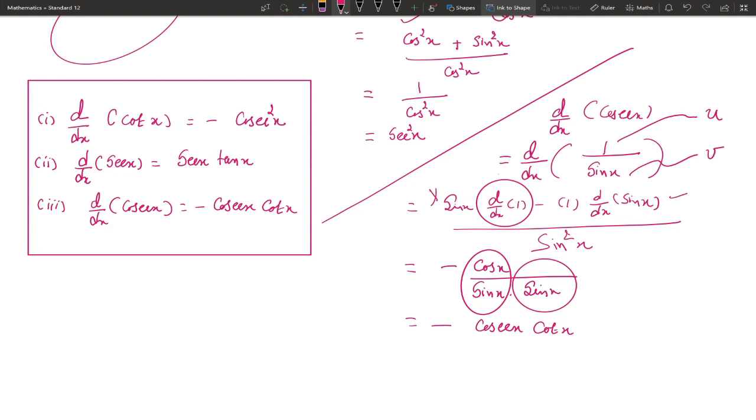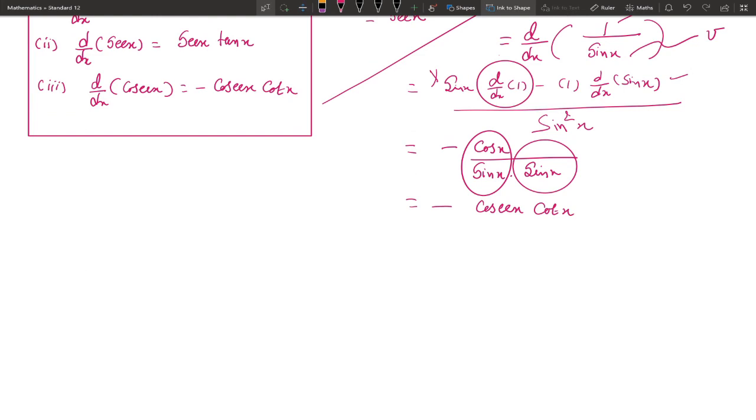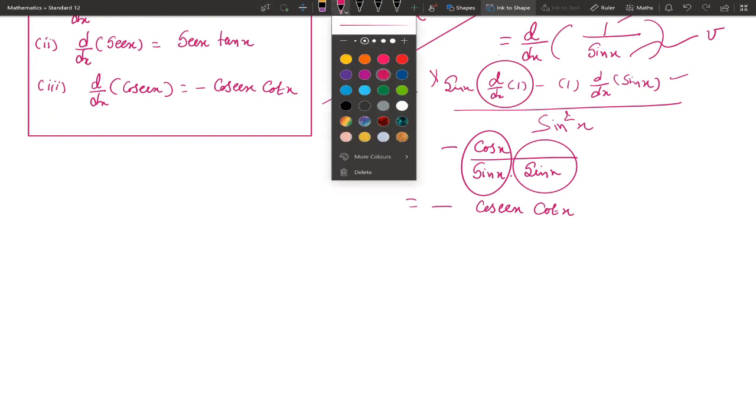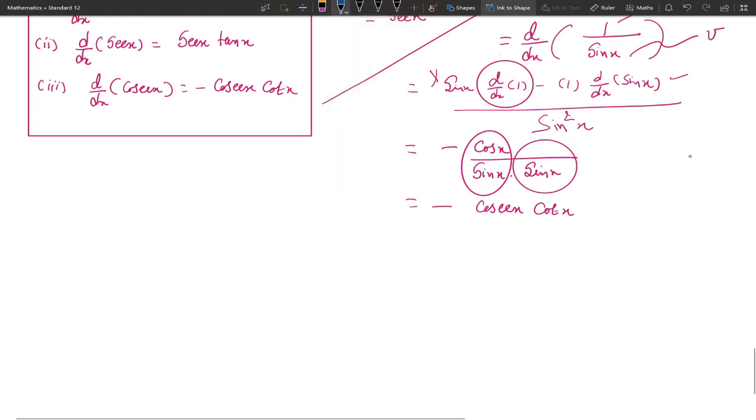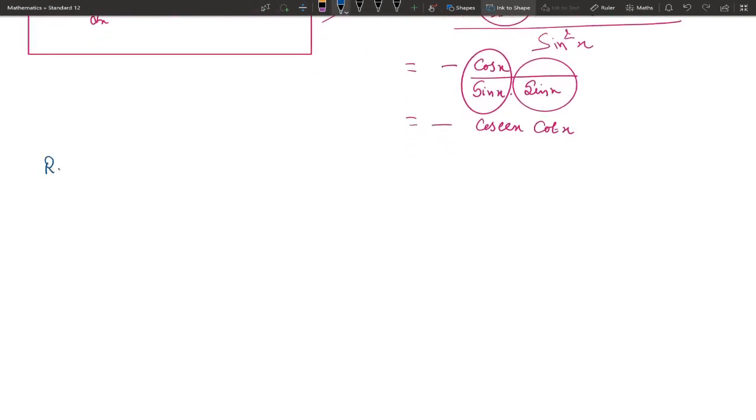Now we note result 1, an important result.